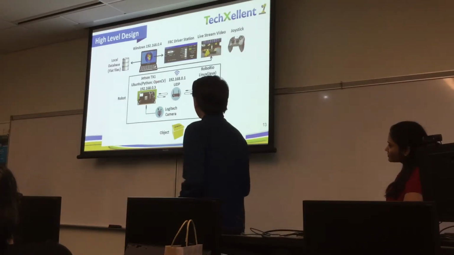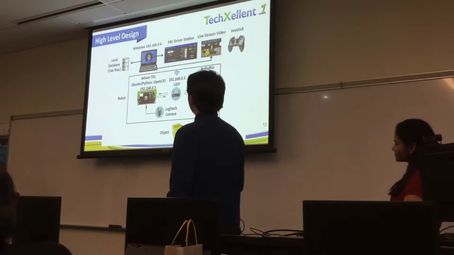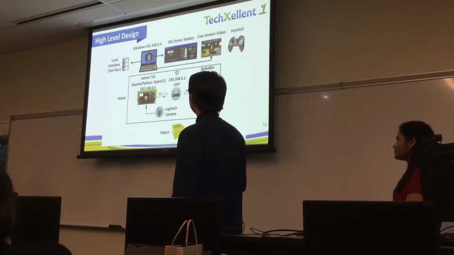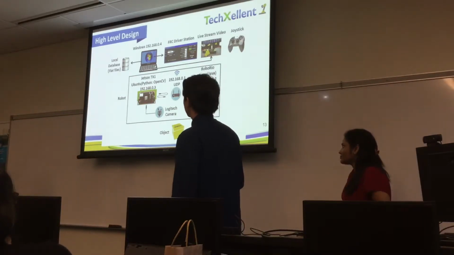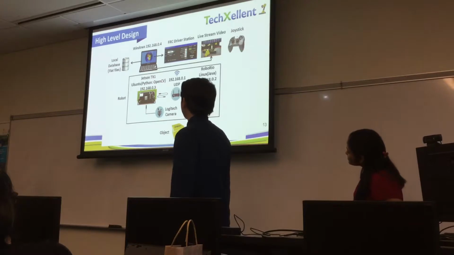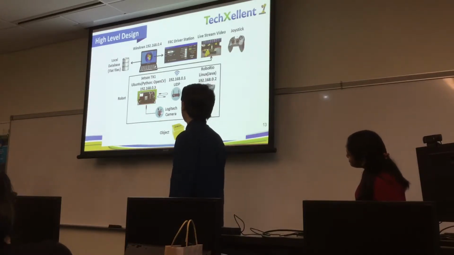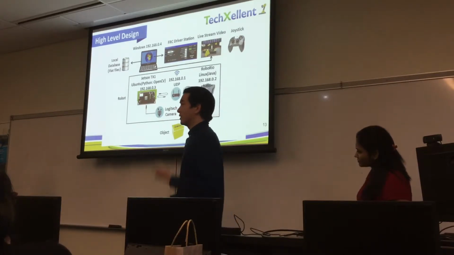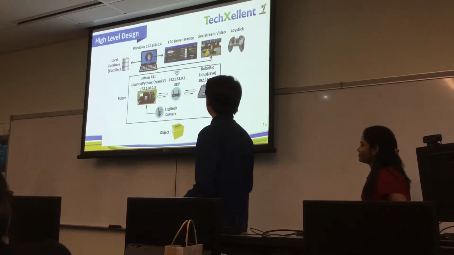In the middle part is what we need to set up on the robot. First is the Jetson TX1, our processor. We will execute the Python code on it, and we will install OpenCV on it. Also, we need to connect the Logitech camera to the TX1. This camera will be the eye for the robot.